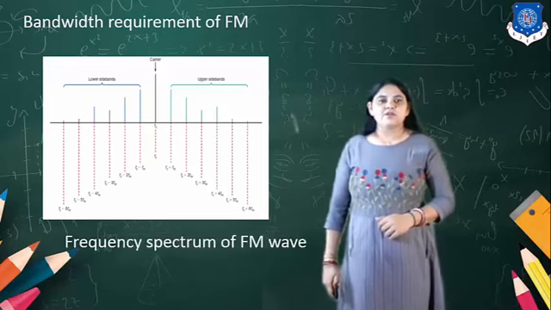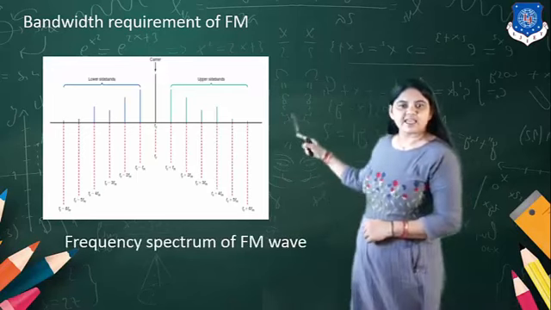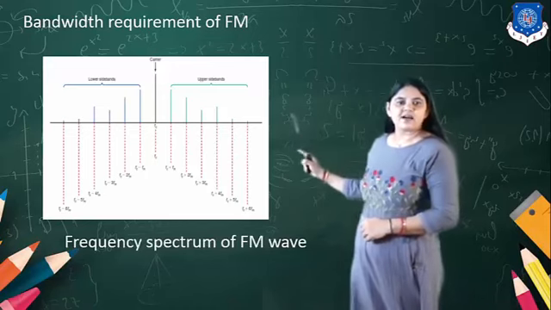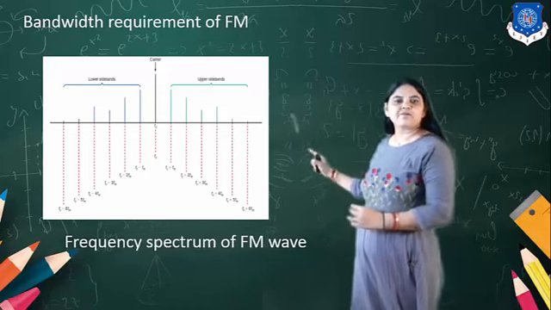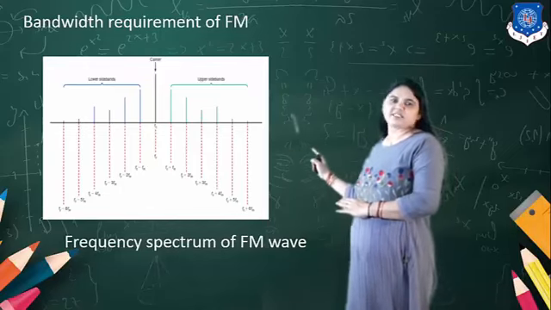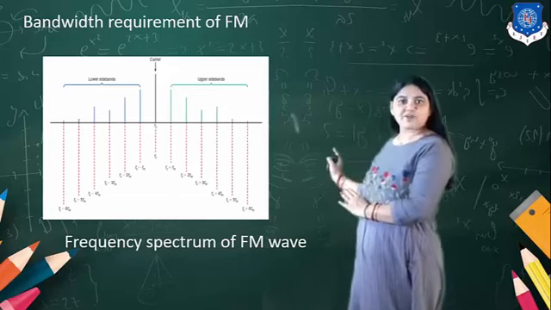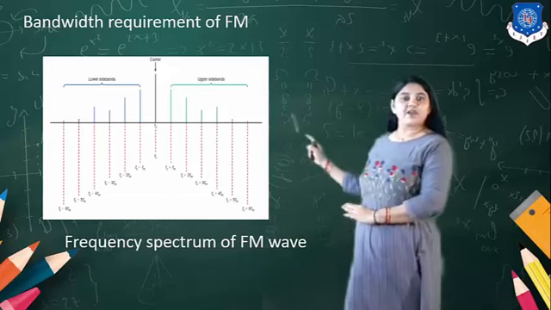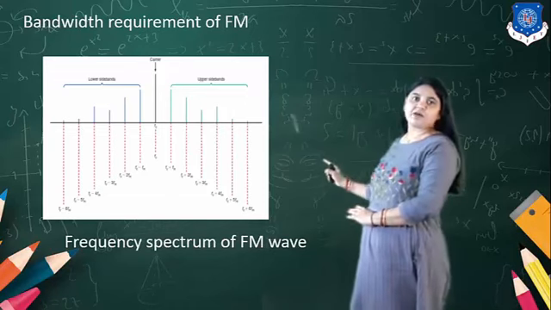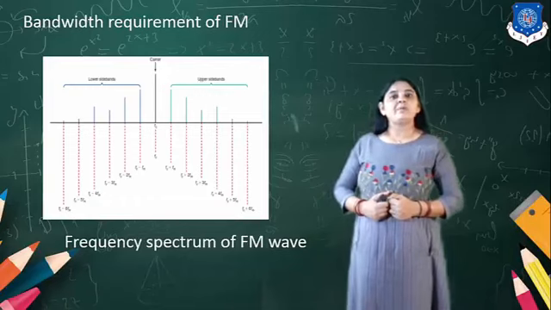Now you have to keep in mind these values: earlier it's fc, the carrier frequency, then fc minus fm, fc plus fm, fc minus 2fm, fc plus 2fm, fc minus 3fm, fc plus 3fm. Similarly, how can we find out the bandwidth?